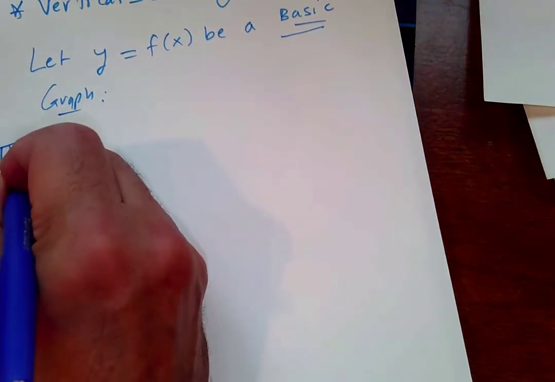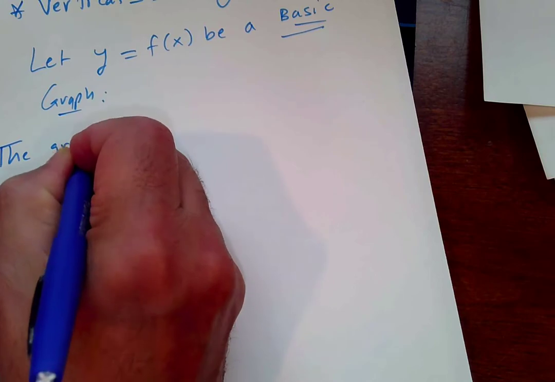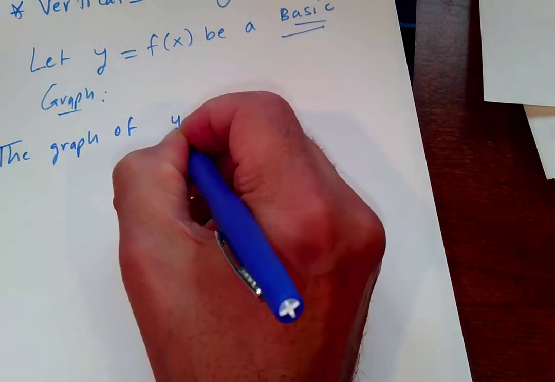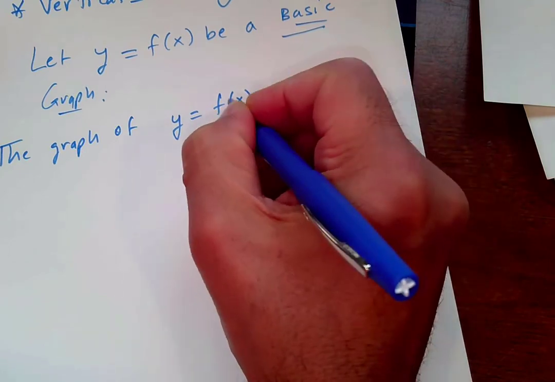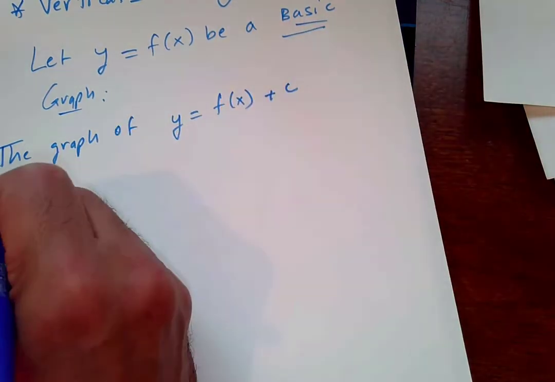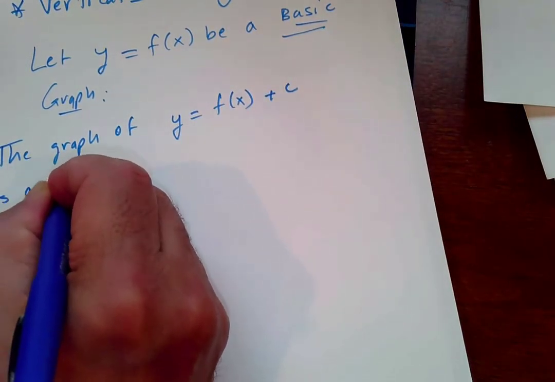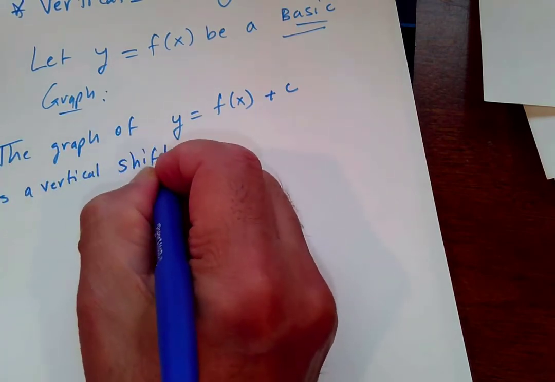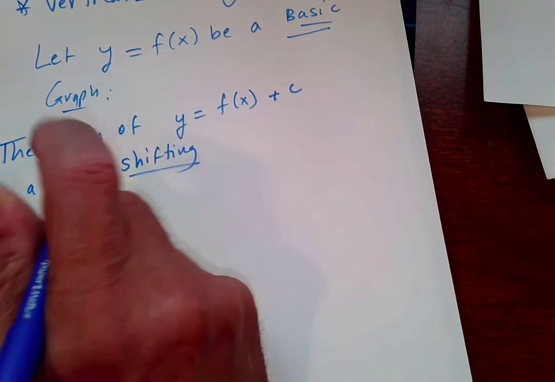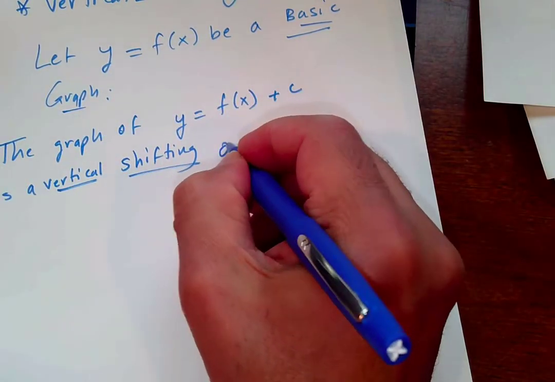The graph of y equals f of x plus c, and notice the c is added outside the parentheses, is a vertical shifting, so that's going to be up or down, vertical shifting of the basic graph.